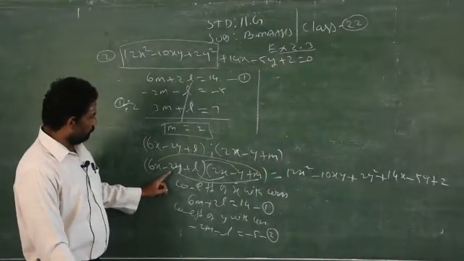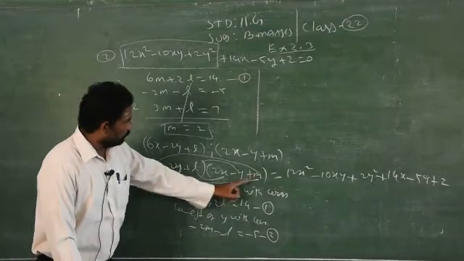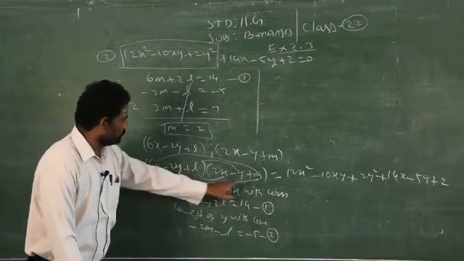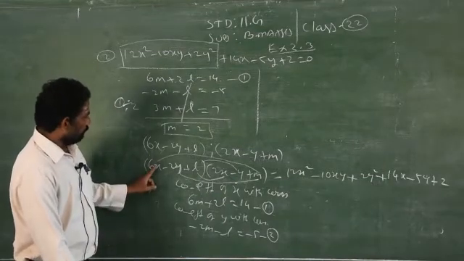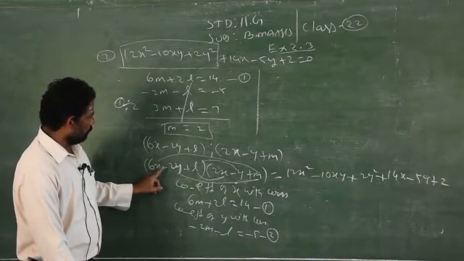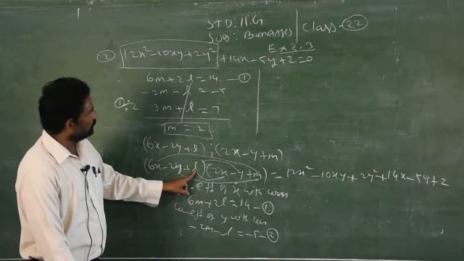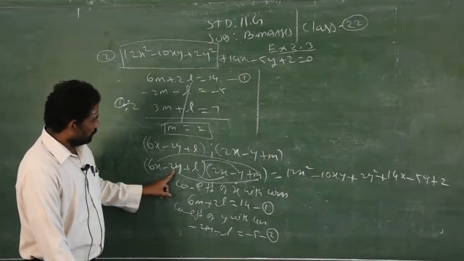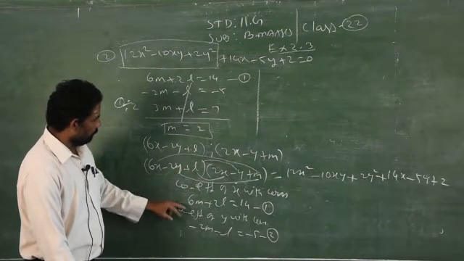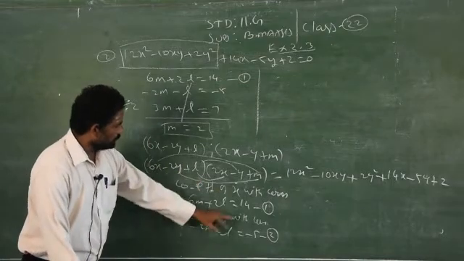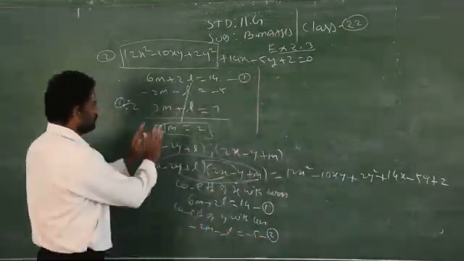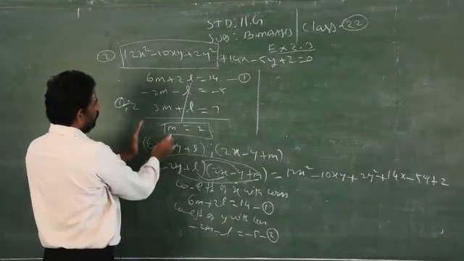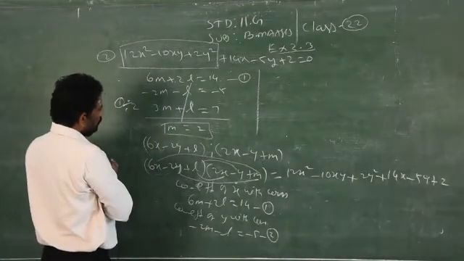So be careful when you consider the coefficient with the constant, minus 2m minus l, and when you compare with the x, 6m plus 2l is equal to 14, and also for y, minus 2m minus l is equal to the coefficient of y, minus 5. You just have to be careful solving these problems.